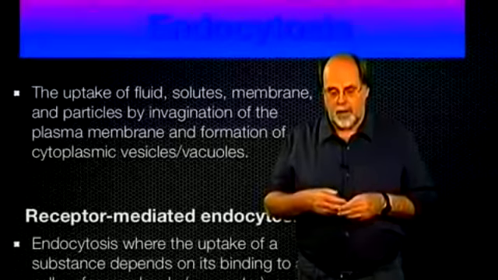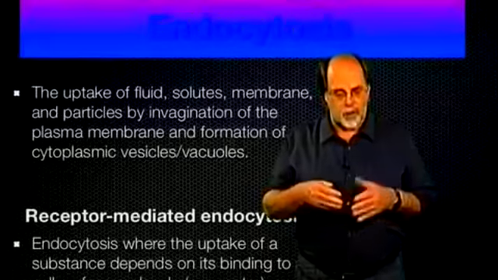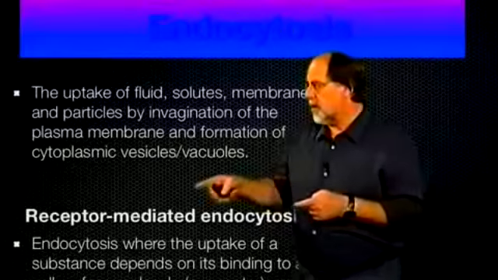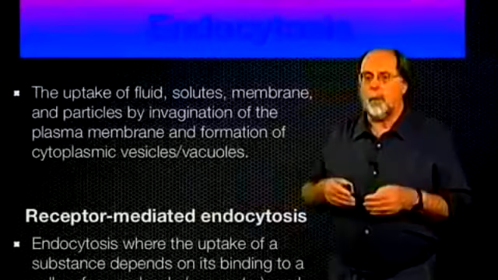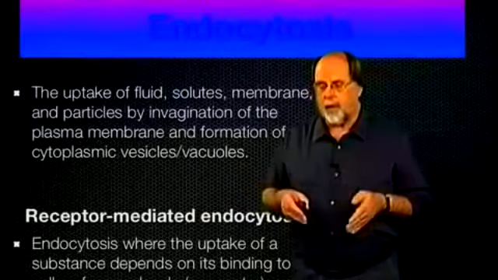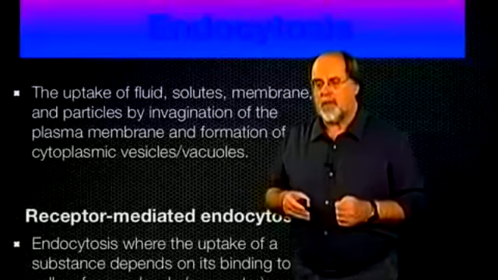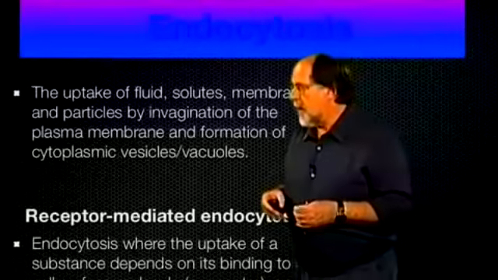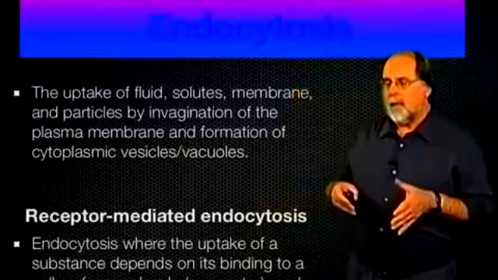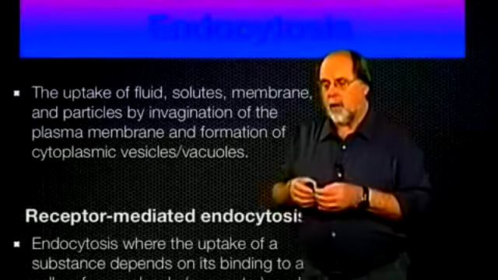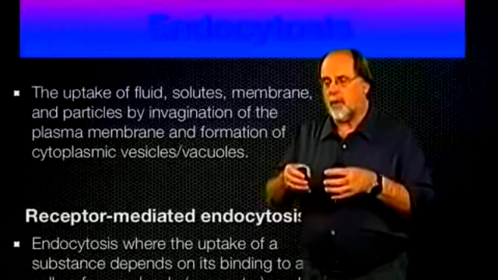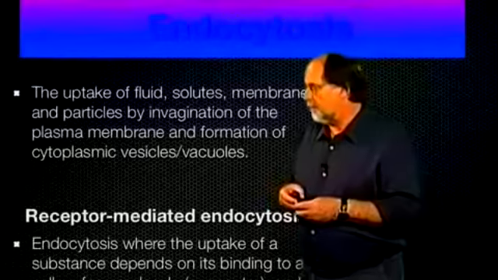Receptor-mediated endocytosis is a specialized form, or specialized forms, of endocytosis in which the cargo, the material to be internalized, first binds to receptors on the cell surface, and then endocytosis occurs not just of the cargo itself, but of the whole receptor-cargo complex.